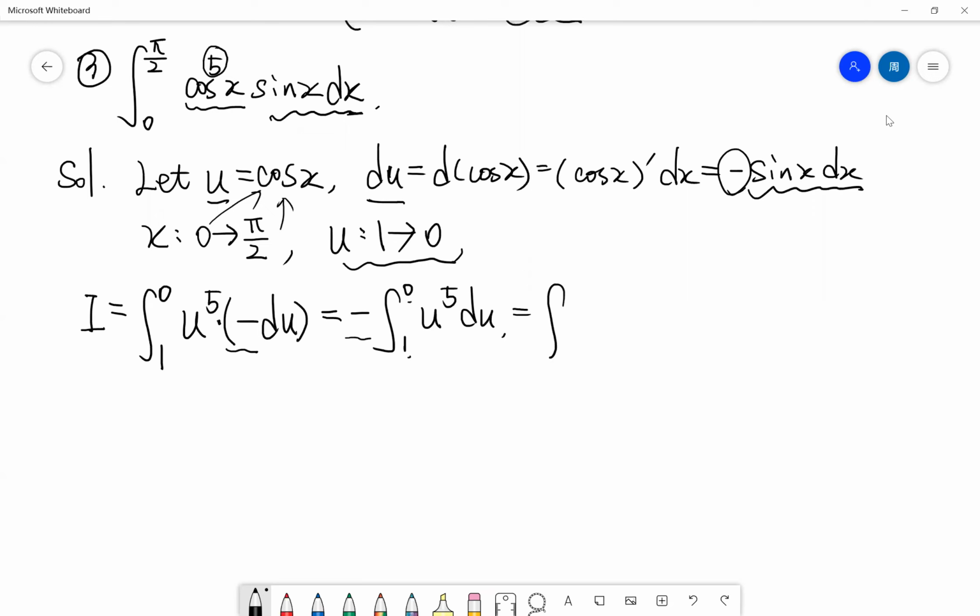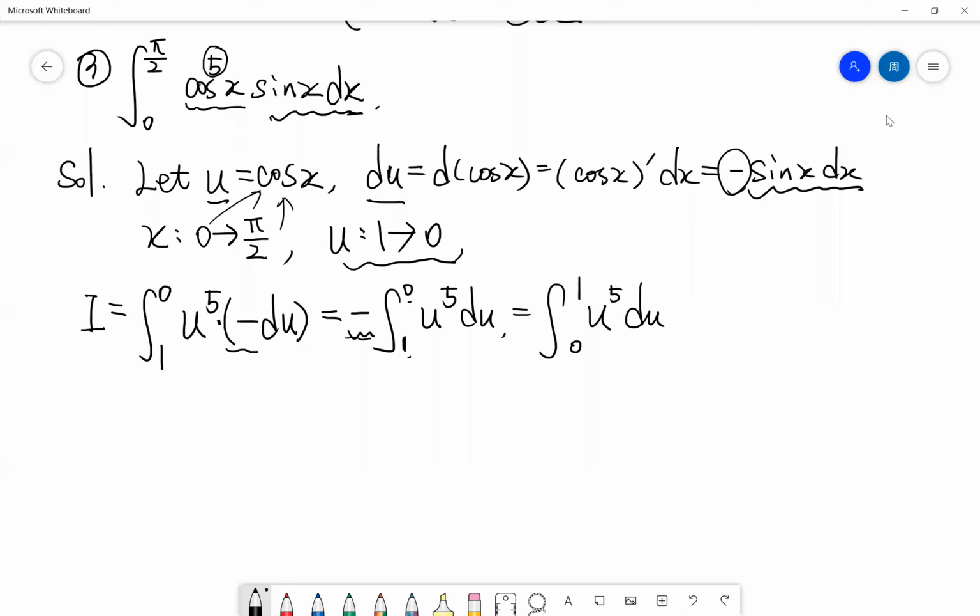I will use this minus sign to exchange the lower and upper limits here. So that equals the integral from 0 to 1 of u power 5 du. I use this minus sign to exchange the lower limit and the upper limit. The previous one was from 1 to 0, and now it is from 0 to 1.